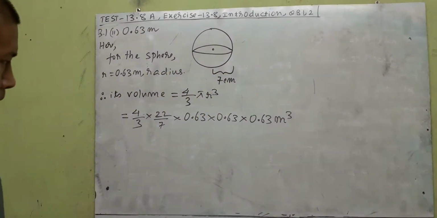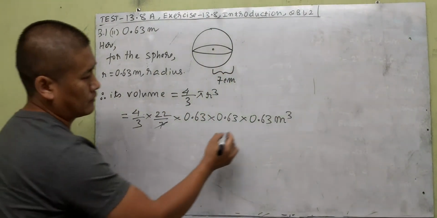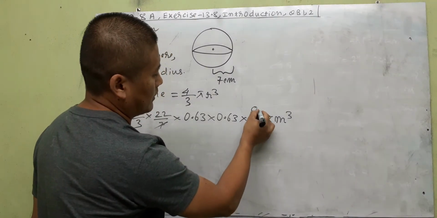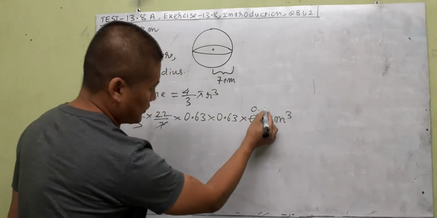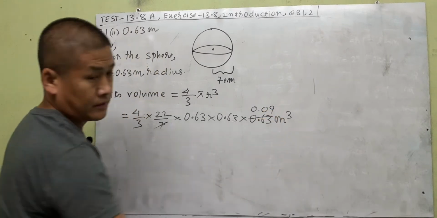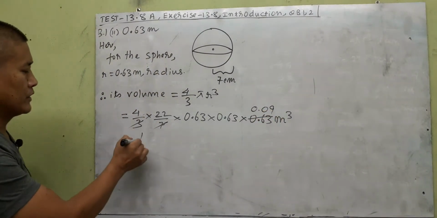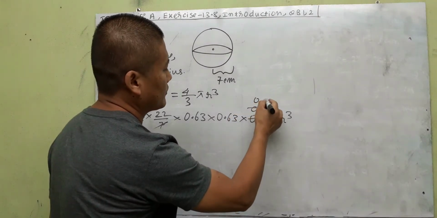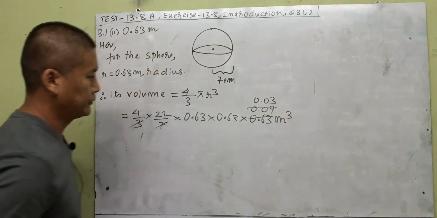Write it down. And here 7 zeros are 0, 6 is less than 7 means we put 0 first, then only this 63 will combine. 7 9s are 63, and 3 1s are 3, then 3 zeros are 0, 0, 3 3s are 9.